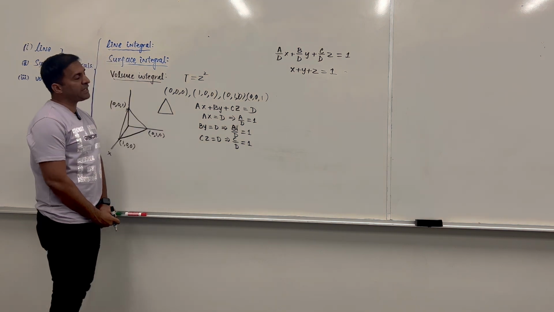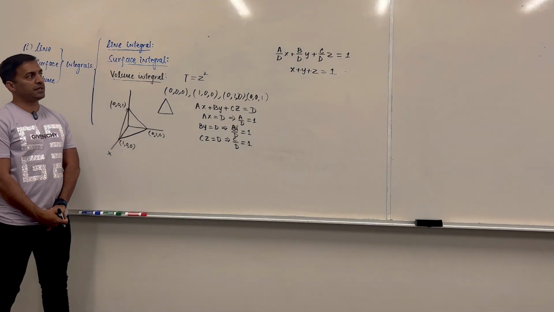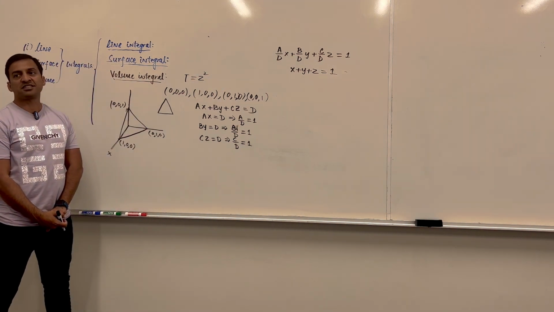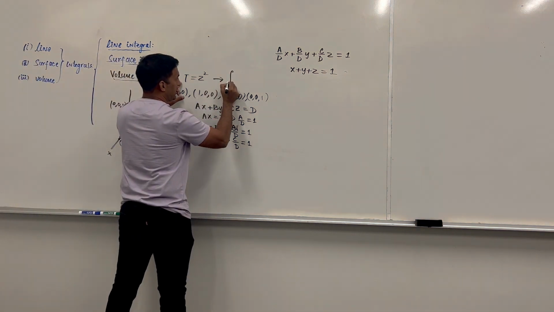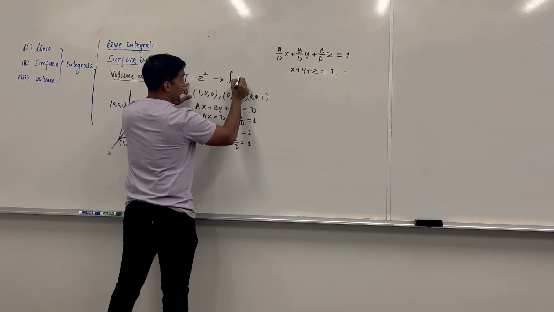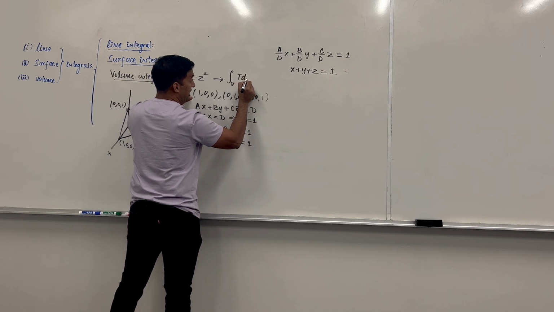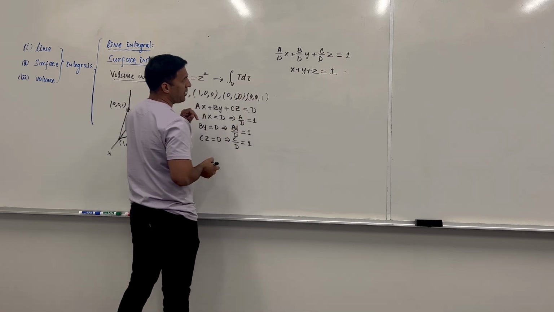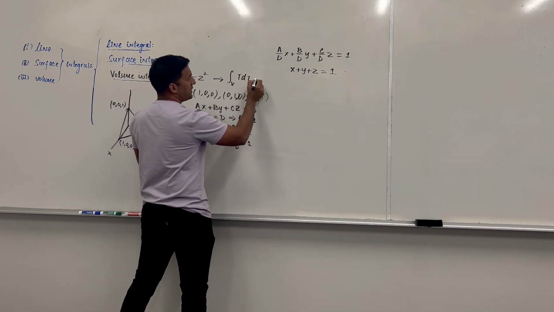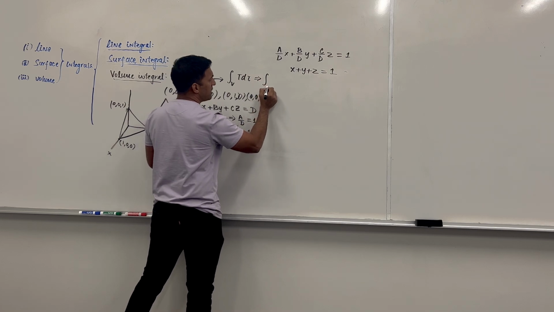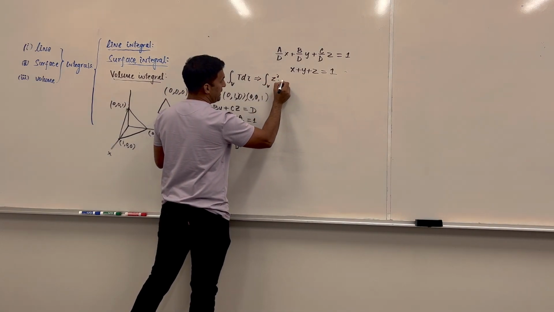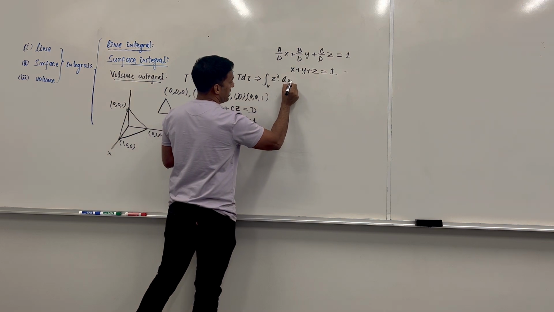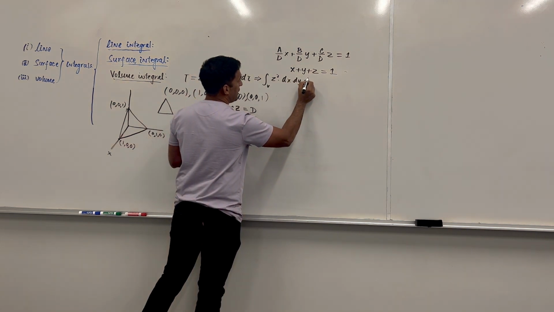Now here at this point you have freedom in choosing which integral. Since it's a volume integral, it will be the integral over V of this function T dτ. Griffiths uses dτ, so let's go with dτ, and this becomes the integral over the volume of T, which is z², and dτ is dx dy dz.